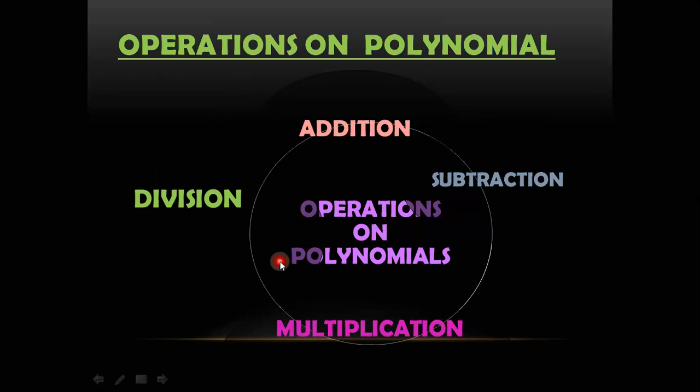What is meant by all kinds of polynomials? You have studied in your previous lectures the polynomials like linear, quadratic, cubic, biquadratic, and polynomials like monomials, binomials, trinomials, right? So whatever is the type of the polynomial, we can add them, subtract them, multiply them, and divide them.